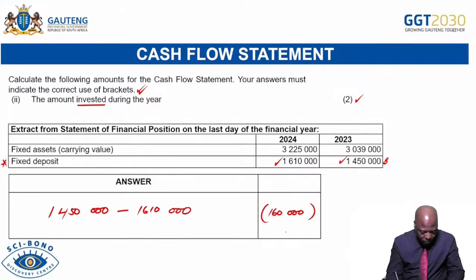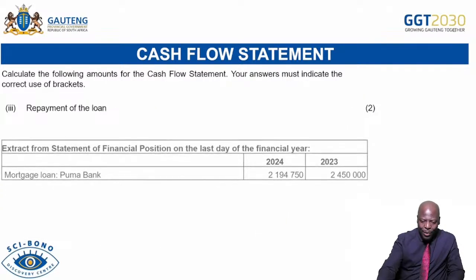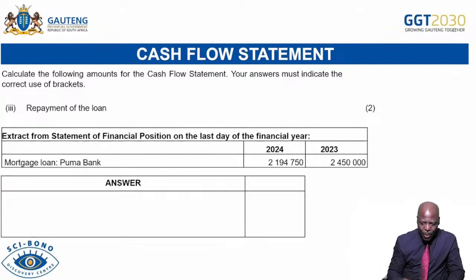Can I go to number 3? Here's number 3, repayment of loan. Already when I see repayment of loan, it means I'm going to have a cash outflow because it's a repayment. So my loan initially was 2,450,000, but now it's 2,194,750.